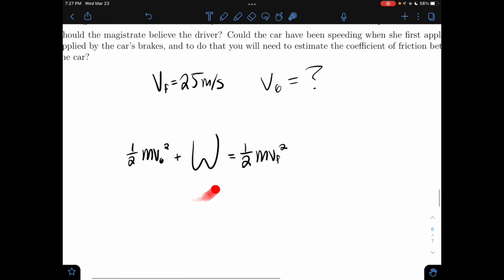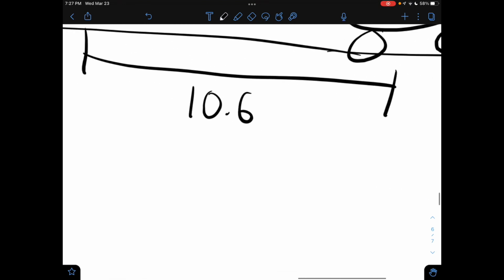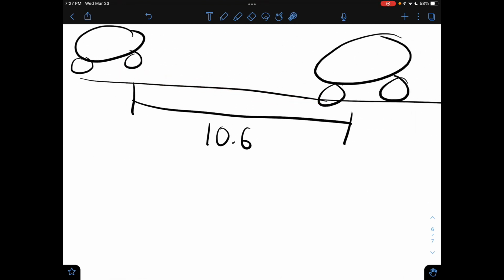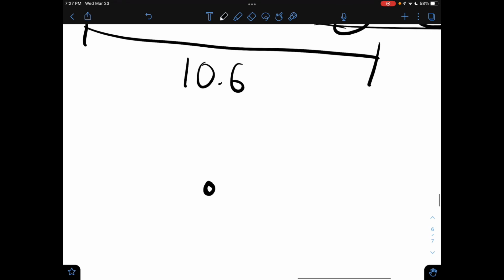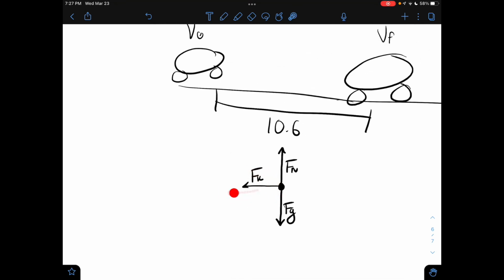Now let's figure out what forces are acting on our car so we can figure out the forces that could be doing work on the car. So while it's skidding along the ground, we have gravity pulling it down, normal force pushing it back up, and we have our force of kinetic friction that's slowing it down. That's what's actually doing the slowing down.